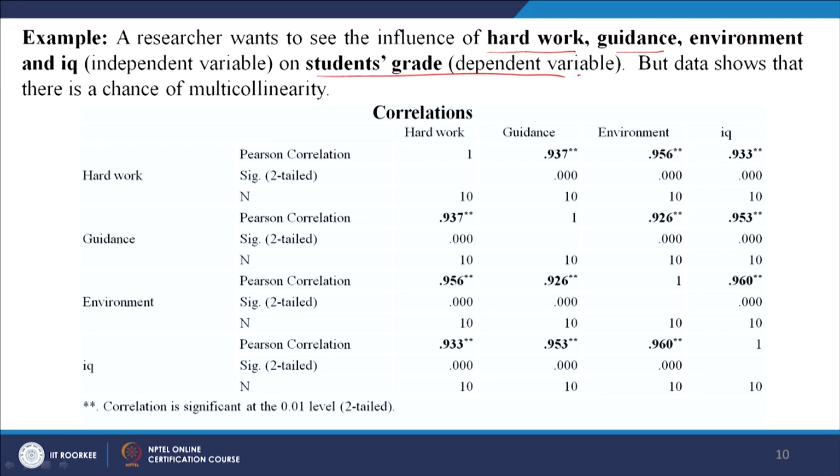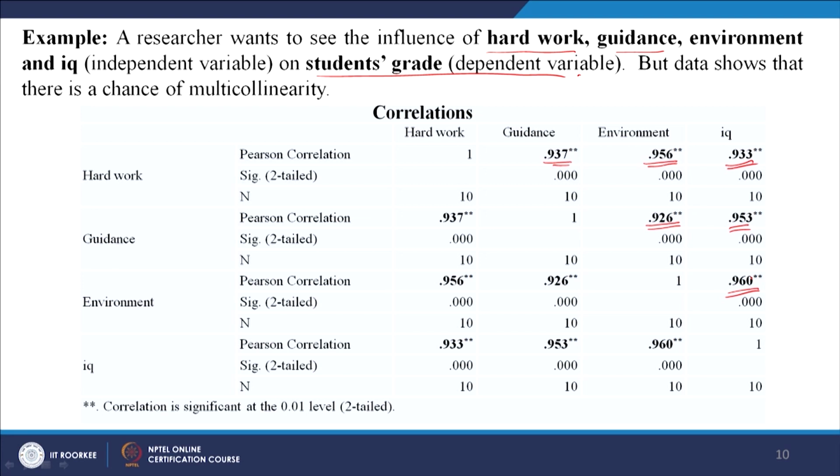Now, let us see if we have drawn a correlation chart and we see that hard work and its relationship with guidance is 0.937, with environment 0.956, with IQ 0.933. Similarly, guidance with environment is 0.926 and with IQ is 0.953. Environment with IQ is 0.96, right, and IQ is obviously done with all.